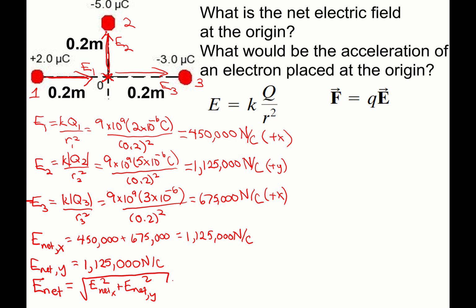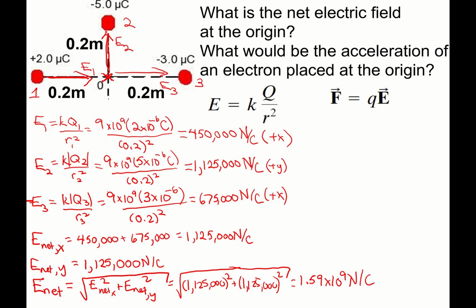And so if I put in for each of them 1,125,000, then I get 1.59 times 10 to the 6 newtons per coulomb.